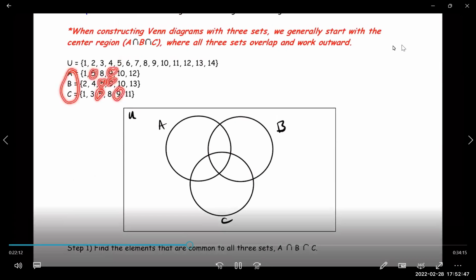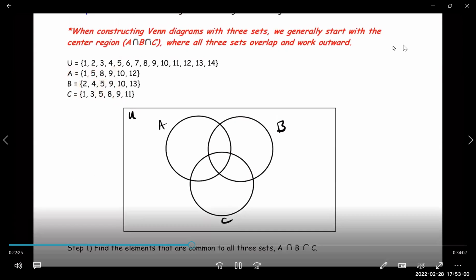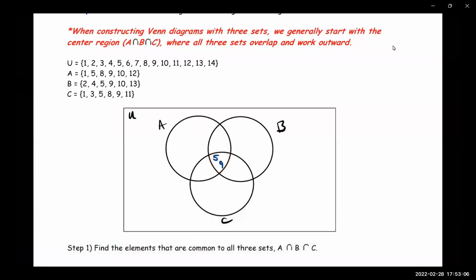That's the only 2 I see. How about 10? No. 12? No. Yeah, just 5 and 9, right? All right, so 5 and 9 go here. They have to go where all 3 sets overlap.